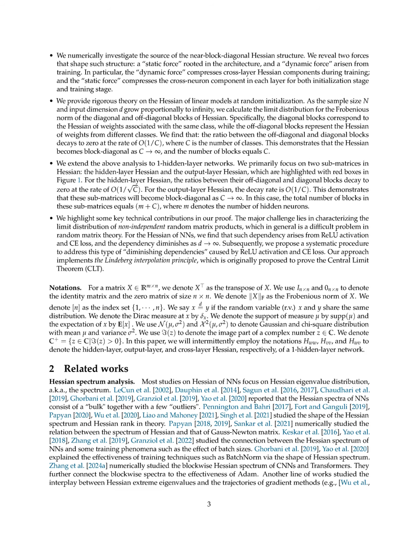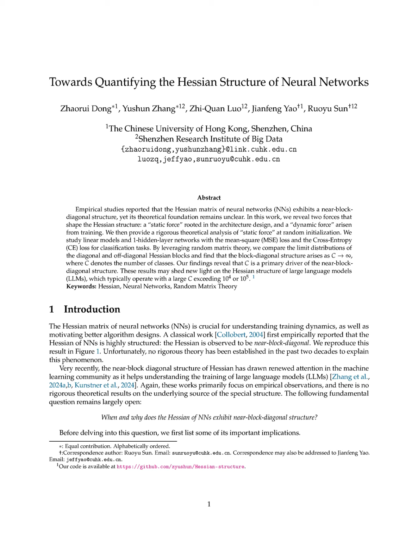For instance, when analyzing the hidden layer Hessian, we find that the ratios between off-diagonal and diagonal blocks diminish, indicating that the Hessian becomes increasingly block diagonal as the number of classes grows. This is supported by our theoretical results, which show that the block diagonal structure emerges as the number of classes increases.